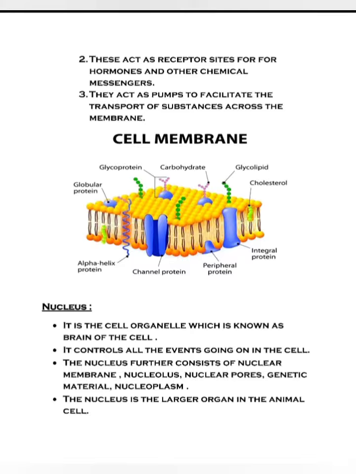That means this carbohydrate chain attached on the outside of the membrane will act like a receptor coding entity. These act as receptor sites for hormones and other chemical messengers. They act as pumps to facilitate the transport of substances across the membrane.